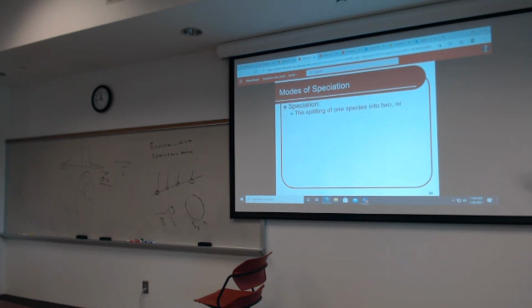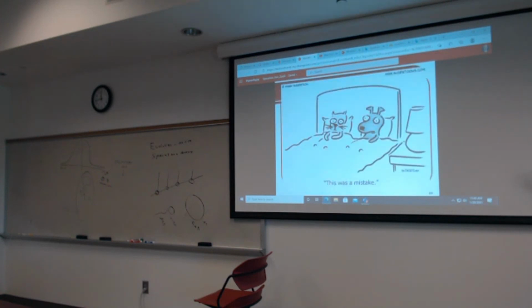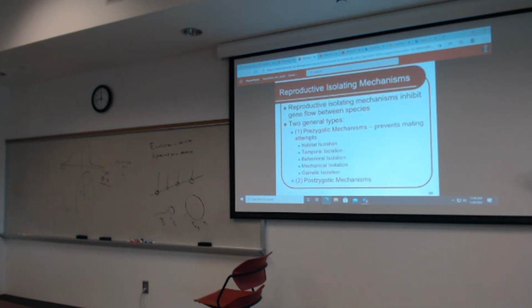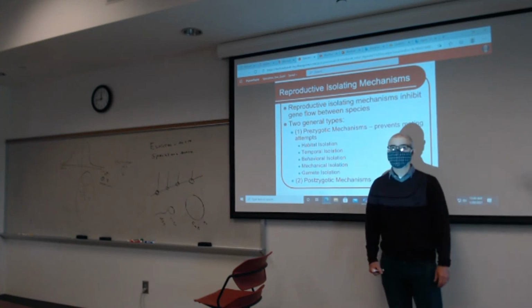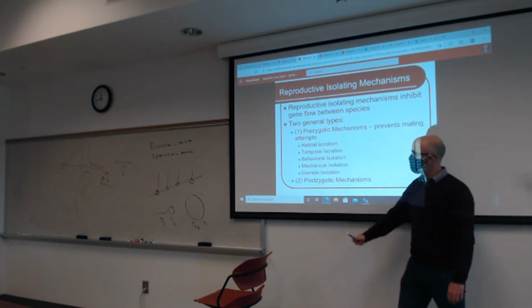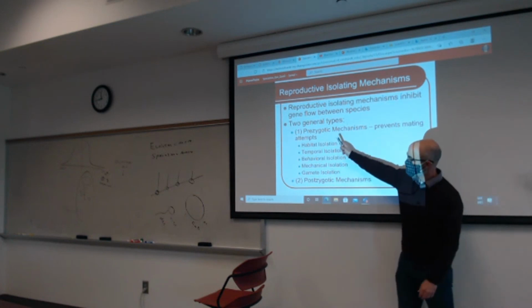So what was in our example, what mechanism kept all of these different anole species separate from each other? What do you think?